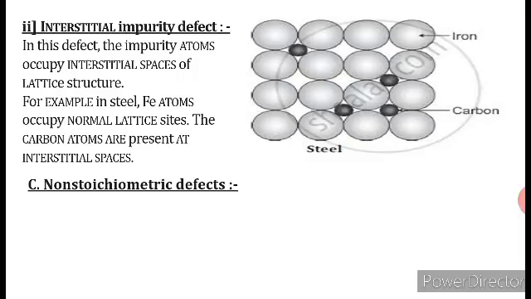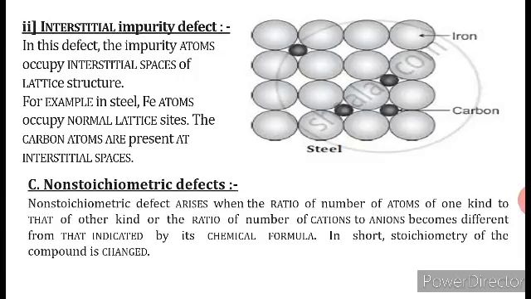Okay, so non-stoichiometric defects arise when the ratio of the number of atoms of one kind to that of the other kind, or the ratio of the number of cations to anions, becomes different from that indicated by its chemical formula. That is, in short, we can say the stoichiometry of the compound is changed. You have to keep in mind that a change in stoichiometry does not cause any change in crystal structure.